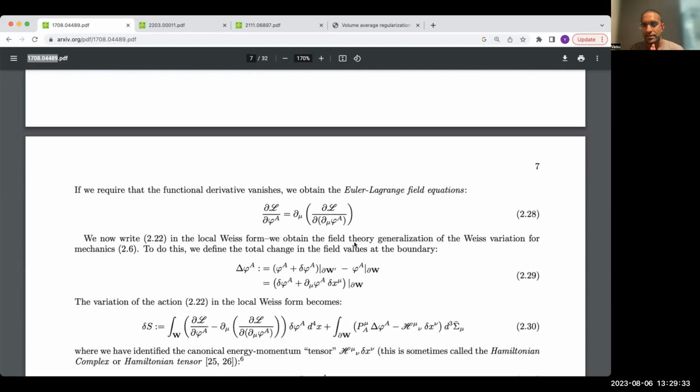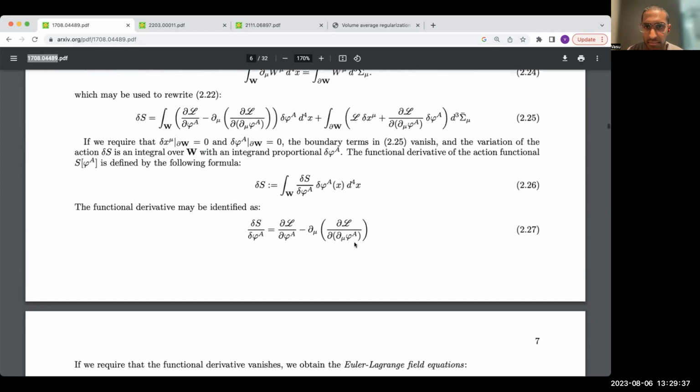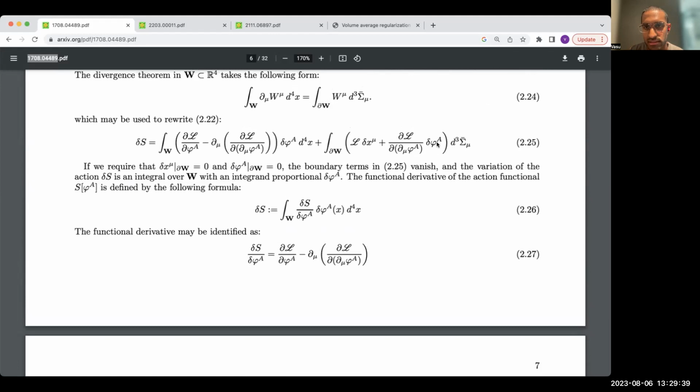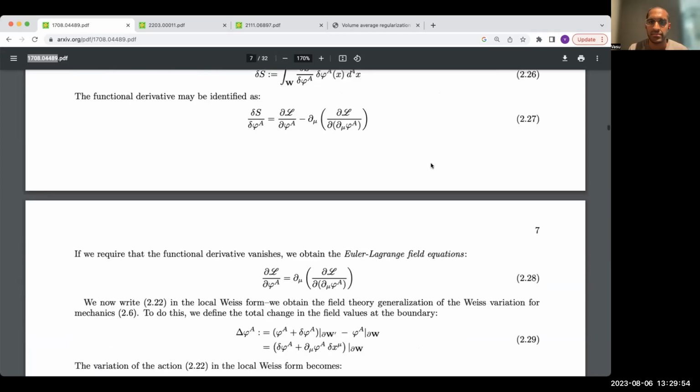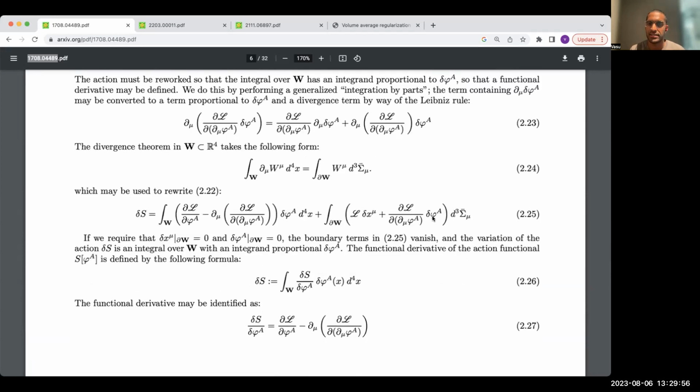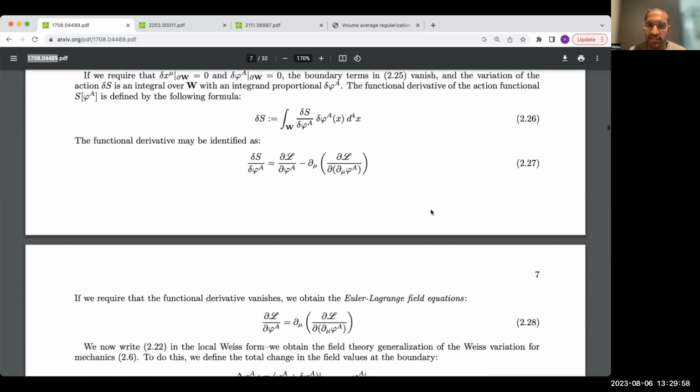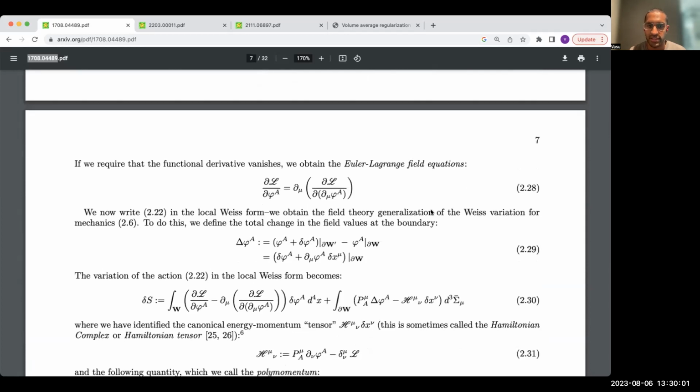But now we're going to do the analog of going from this standard structure here to one that doesn't involve the little delta variation, but the one that involves the big delta. That is the one that takes into account the variation of the boundary embedding as well. And basically, we want to rewrite what we're calling little delta phi here in terms of the big delta.